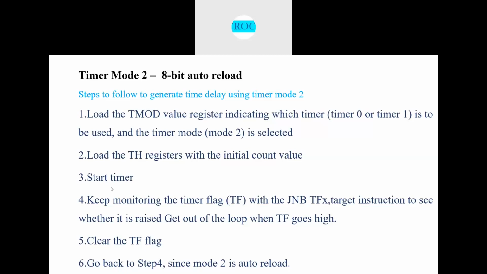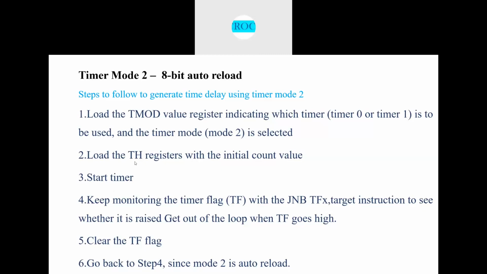Now, whenever the timer starts, we keep monitoring the timer flag, JNB TFx. It will keep on monitoring whether the overflow flag is set or not. As the number of clock cycles increases, the number of counts will also increase. And whenever it reaches 256 counts, it will set the overflow flag to 1. Whenever it is set high, the lower register will be reinitialized with the count value stored in the TH register.